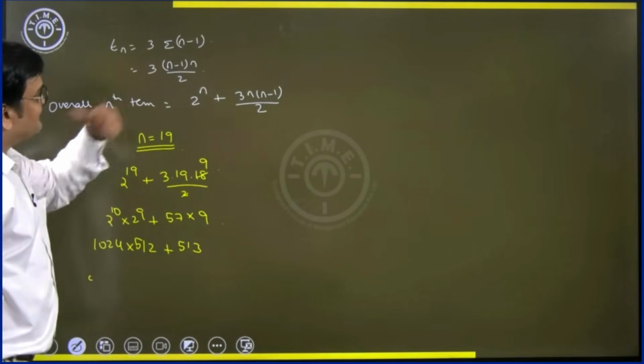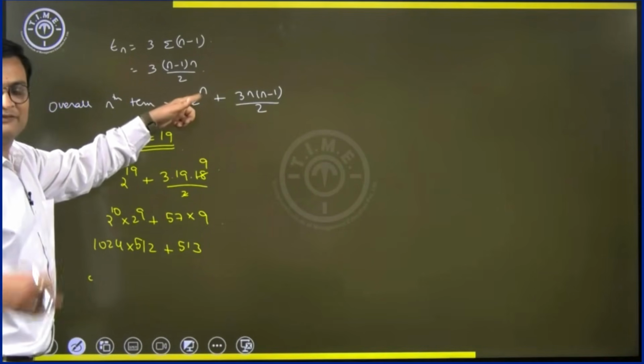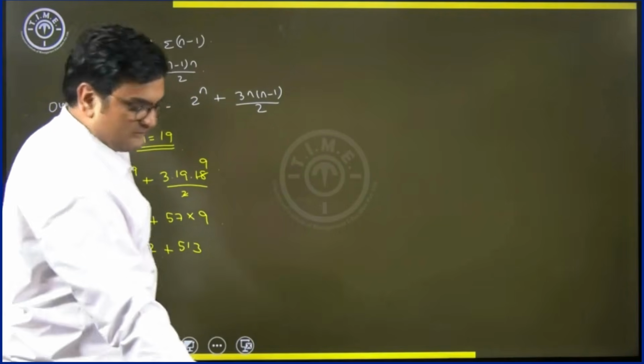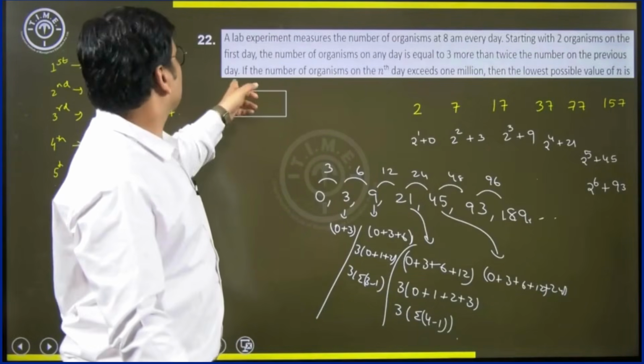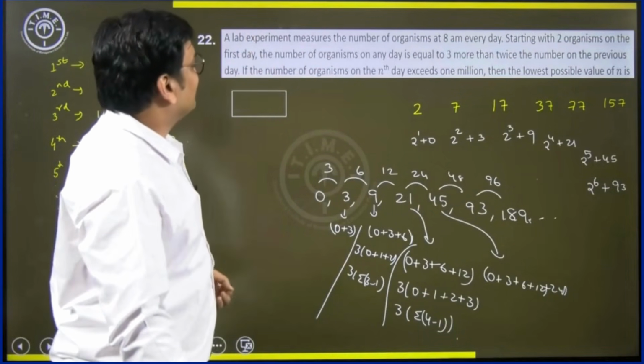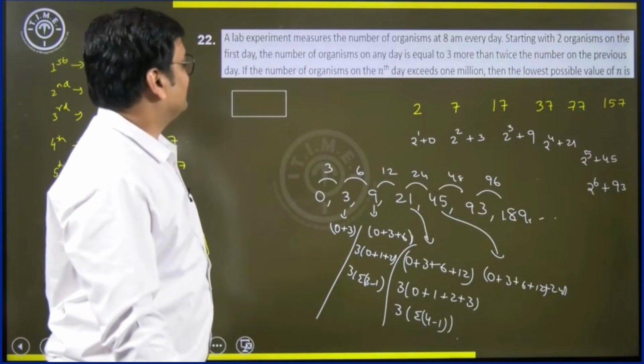For n equal to 20, it's definitely going to cross 1 million because this itself will be 2 power 20, which is 1024 squared, which itself is 10 power 6. But what's the question? If the number of organisms on the nth day exceeds 1 million, so it should exceed 1 million, what's the lowest possible value of n?